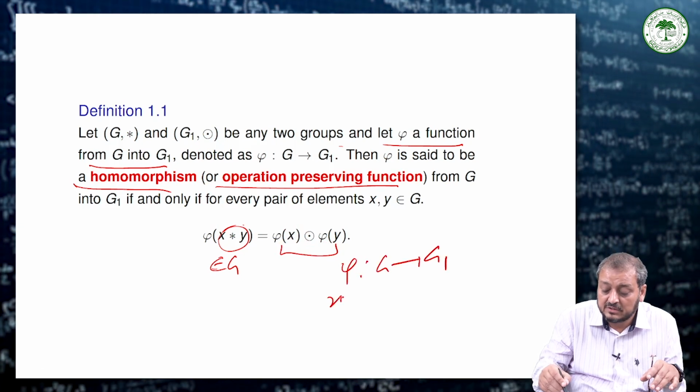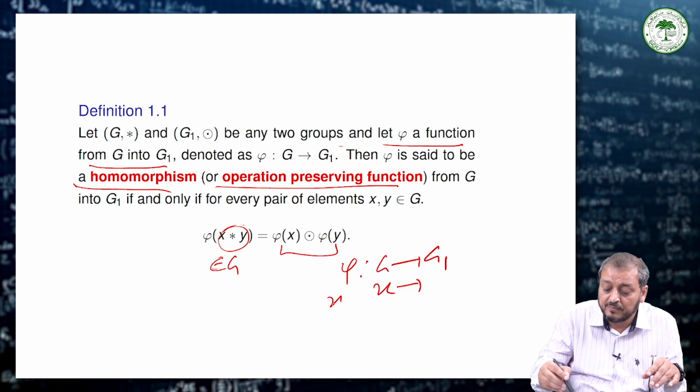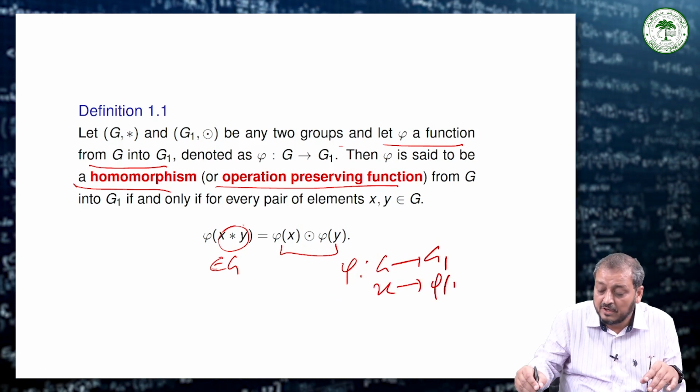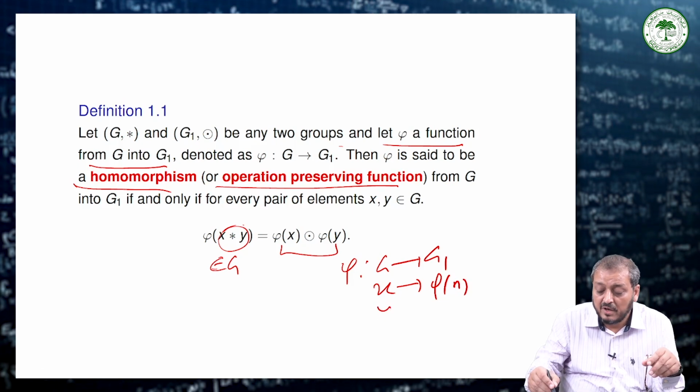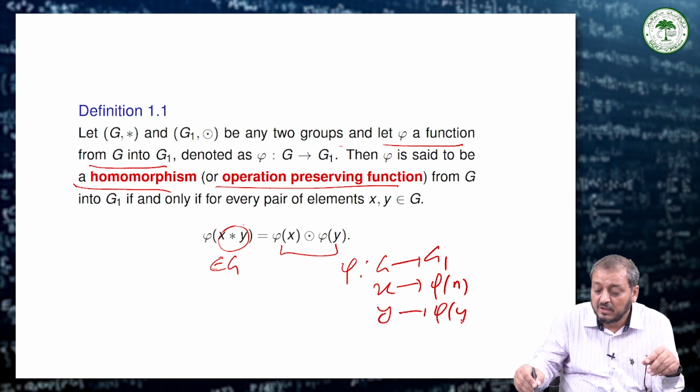If x is an element of G, then it is mapped to psi of x, and similarly y is mapped to psi of y.